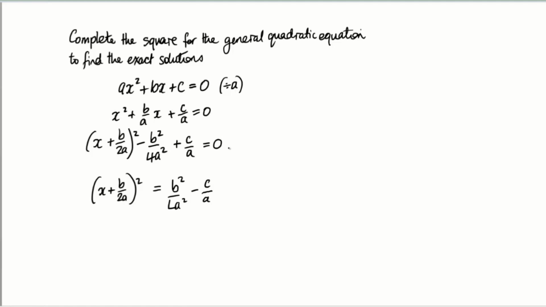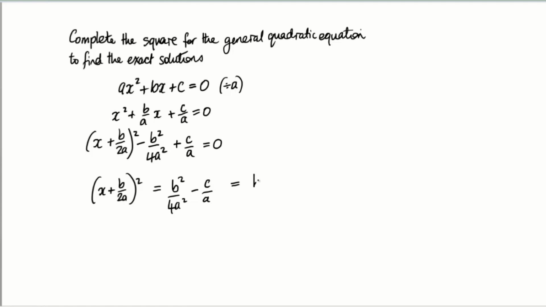What I'm now going to do on the right hand side is put this over a common denominator. Well, the common denominator is 4a squared, so the first term stays as it is. The second term needs multiplying by 4a on the top and the bottom.